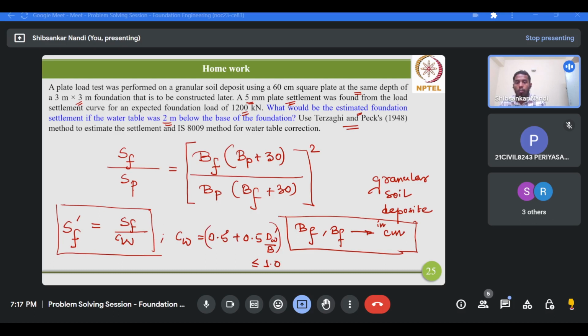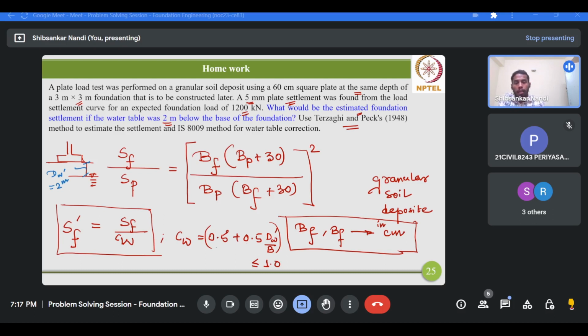Now B, you know, is the width of the foundation, 3 meter, and what is DW prime? DW prime is measured from the foundation level. So this is your water table, DW prime, and for this case it is 2 meter.